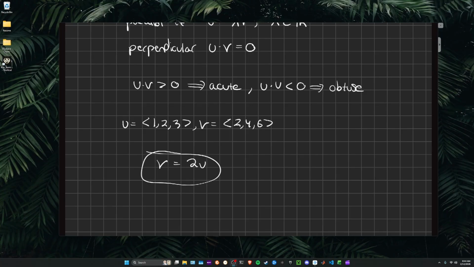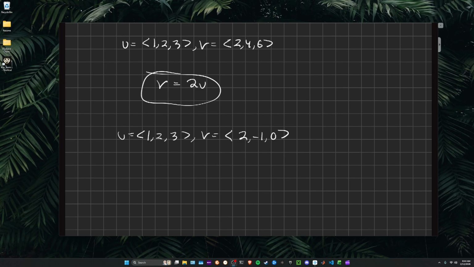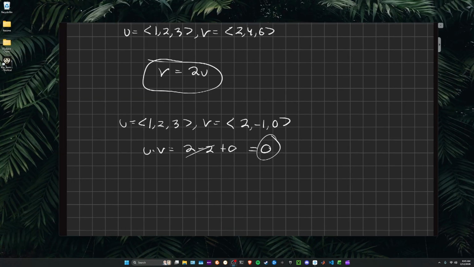So these vectors are parallel. What about the vector 1, 2, 3, and 2, negative 1, 0? Well, we can take their dot product. So this would end up being just 2 minus 2 plus 0. Their dot product is 0, so it's orthogonal.